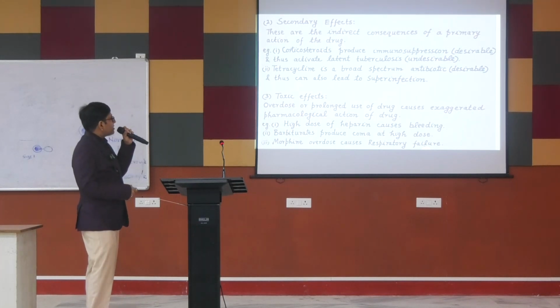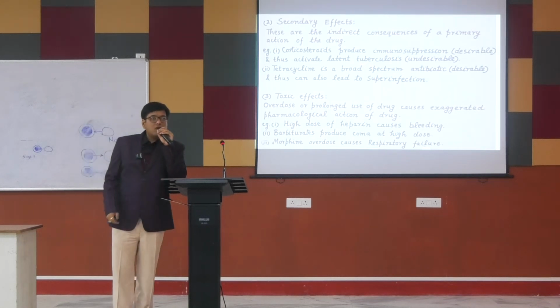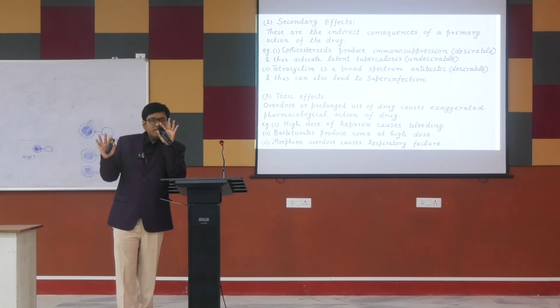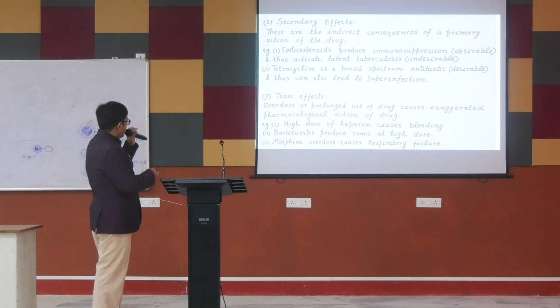As a result, that patient had latent tuberculosis. Tuberculosis or TB was there in the body of the patient in a sleeping state. But because immunity has been reduced, the tuberculosis becomes active. So directly steroid has not caused tuberculosis. It was already there, but because steroid has reduced the immunity level, now tuberculosis has become active. This is called secondary effect.